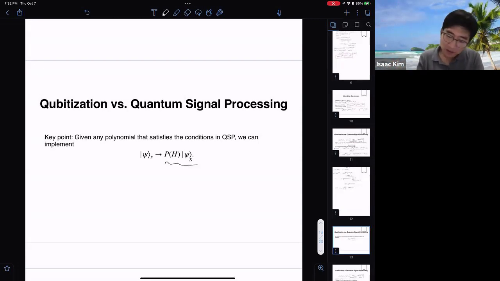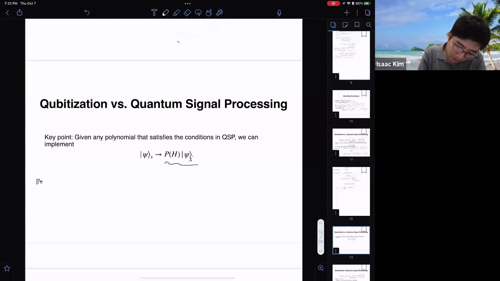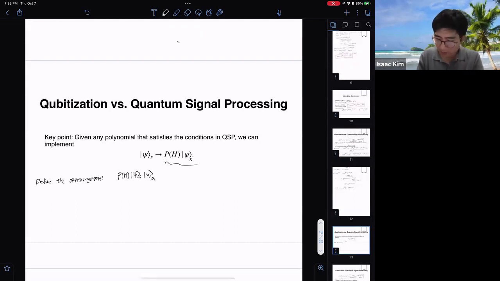So the success probability, okay, so before the measurement, the state was P of H psi of S 0A plus some state which is orthogonal to this state.